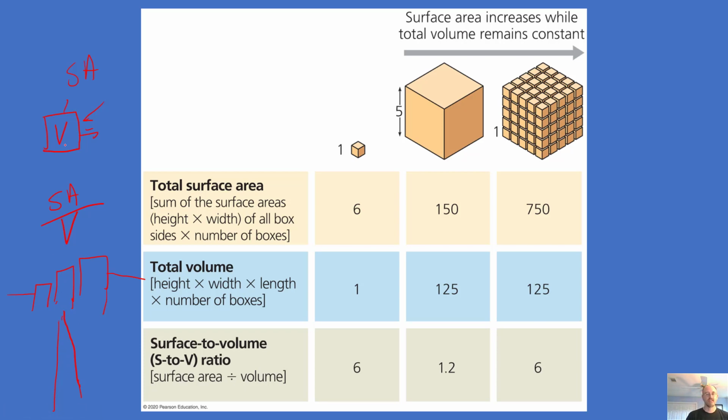So the relationship of edge to volume is really important, because surface area is basically a measurement of how much stuff you can get, like how much oxygen and food you can get into the cell, and how much waste you can remove. And volume is a measure of how much you need.